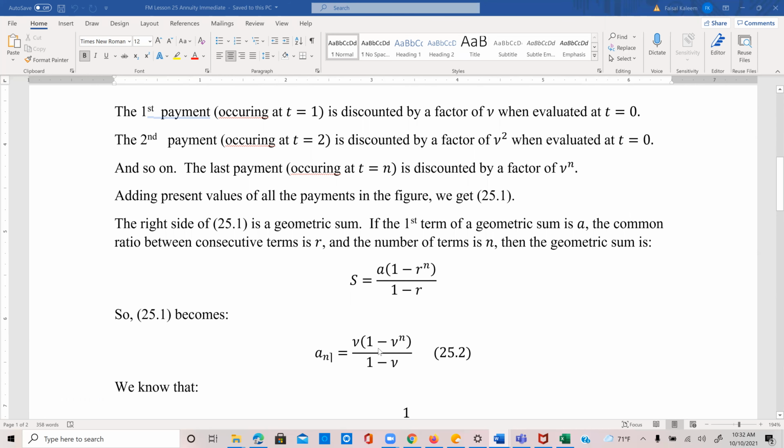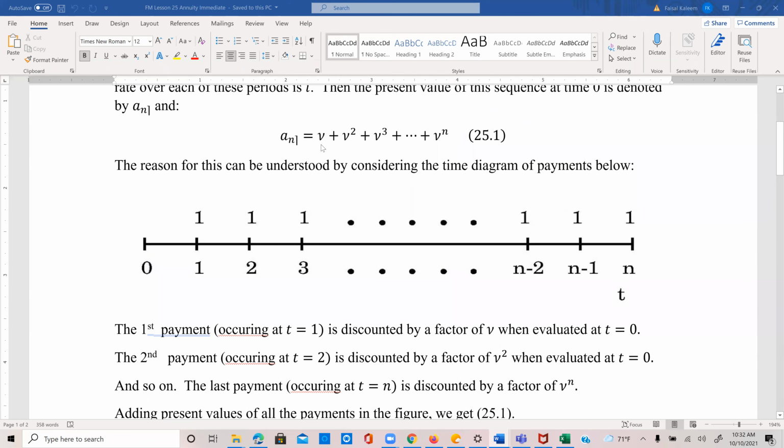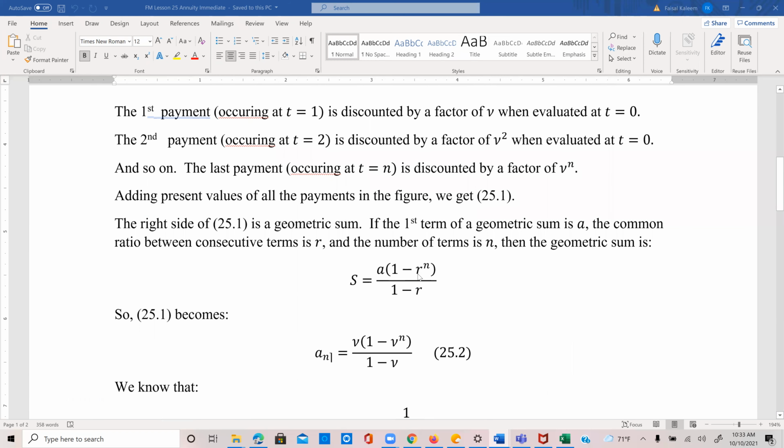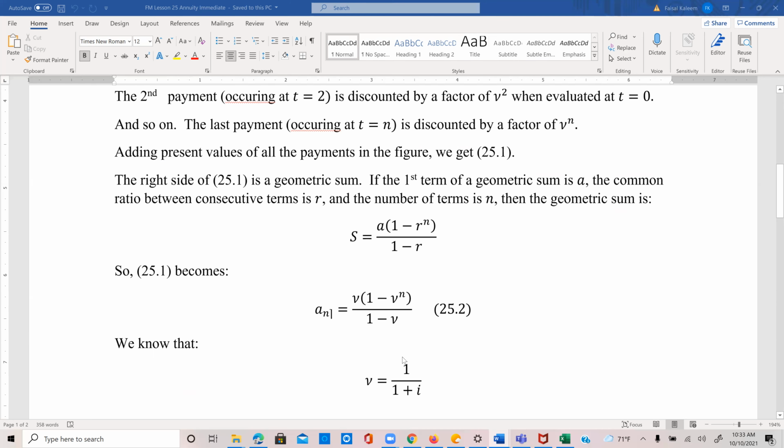And so in this case, the first term is nu. The common ratio is also nu, because if you divide any two consecutive terms, like nu squared divided by nu, you get nu. So a is nu, r is nu. So you substitute that, and therefore the present value comes out to be this expression.